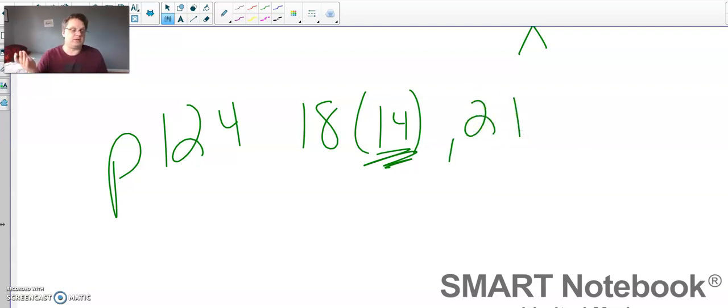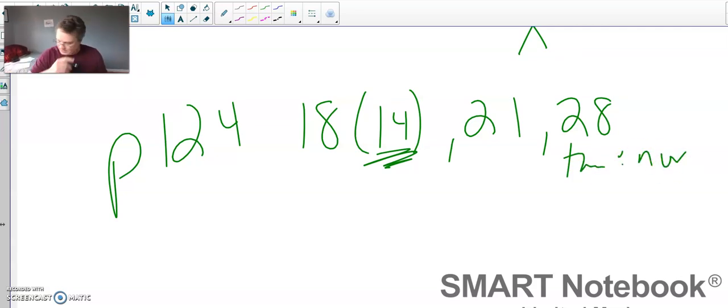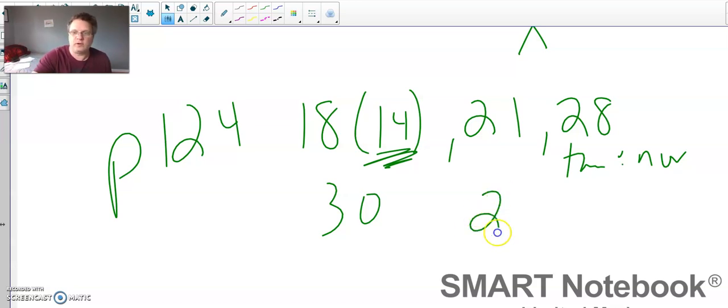I don't care if the answer's in the back of the book, you have to show all the work. So 21, 28, and for 28, remember, I want you to find the tangent and normal, and then, of course, number 30. So 1, 2, 3, 4, 5, 6. Six times 4, this is going to be worth 24 points. Make sure you show all the work for everything and get it to me by Friday at midnight.